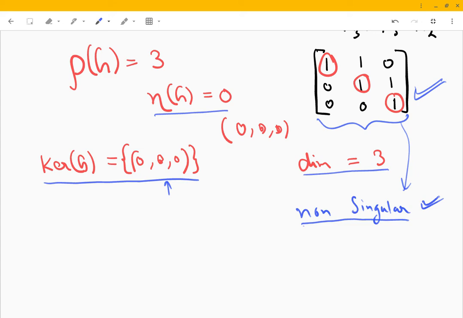Let me give you a quick example here. f of x y z equals x plus y plus z, then 2x plus 3y plus 5z, and then x plus 3y plus 7z.